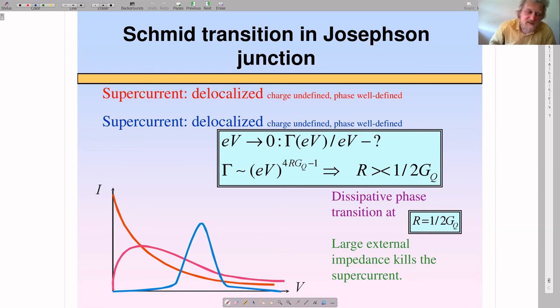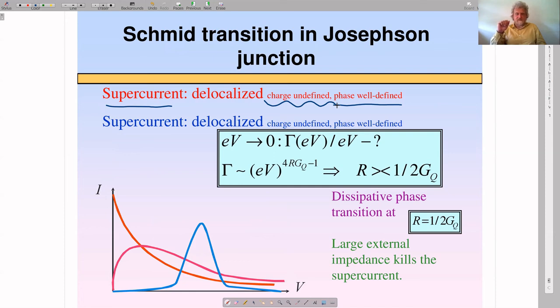If there is a supercurrent, it means that the phase at the Josephson junction is well defined. The supercurrent is just a function of phase. If you let this phase fluctuate, supercurrent will vanish. In this situation, the charge at the Josephson junction is undefined. Remember, we talked about this when we talked about the Cooper pair box.